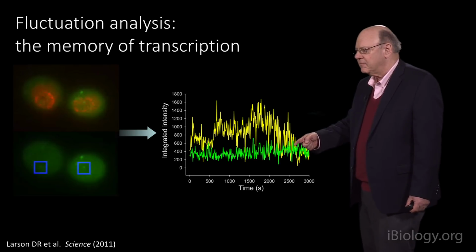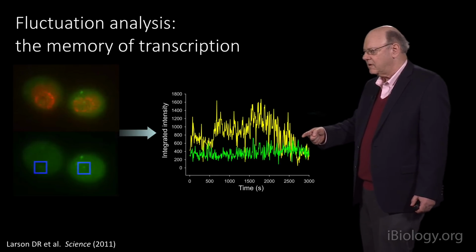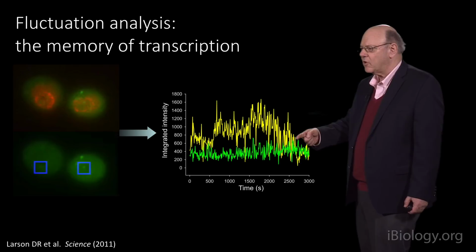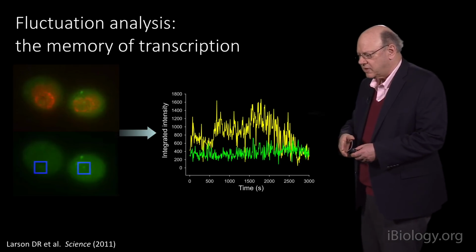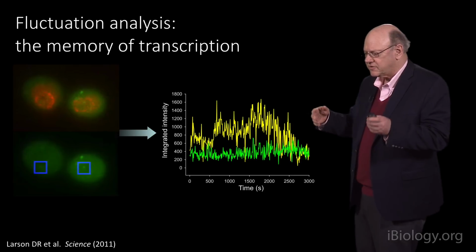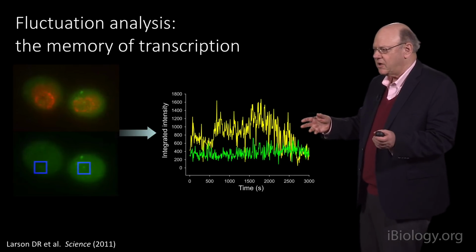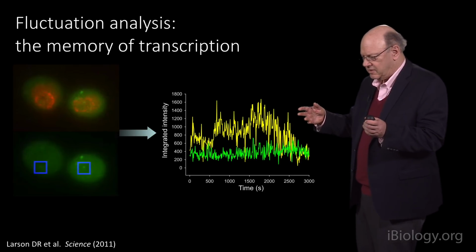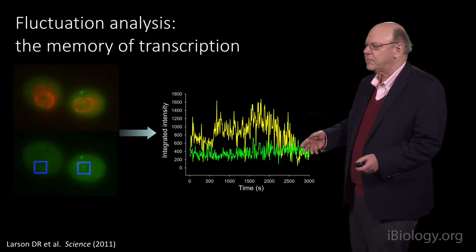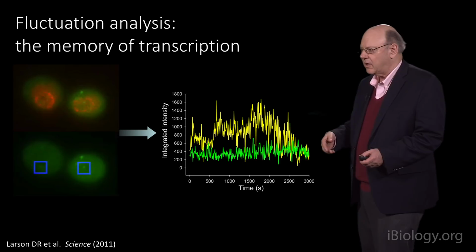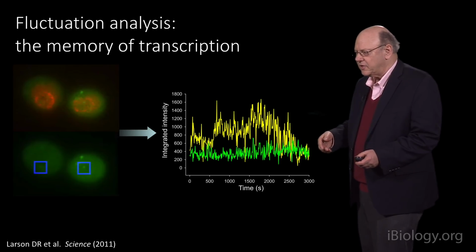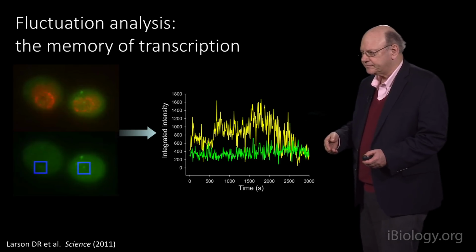And this is a direct illustration of what's known as transcriptional bursting. That is, transcription suddenly turns on, some polymerases get on, they make some RNA, and then the RNAs fall off and the gene goes back to a quiescent state for a while until its next activation.